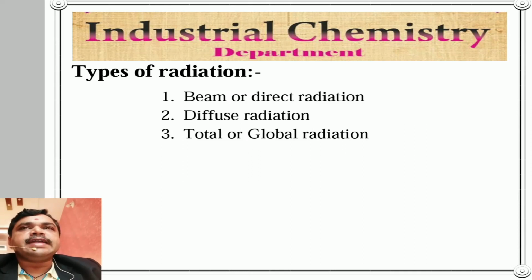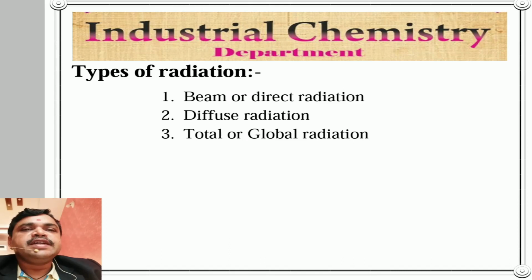Beam or direct radiation: solar radiation received at the Earth's surface without any change in direction is called beam or direct radiation. In this radiation, the change in direction is not permitted.